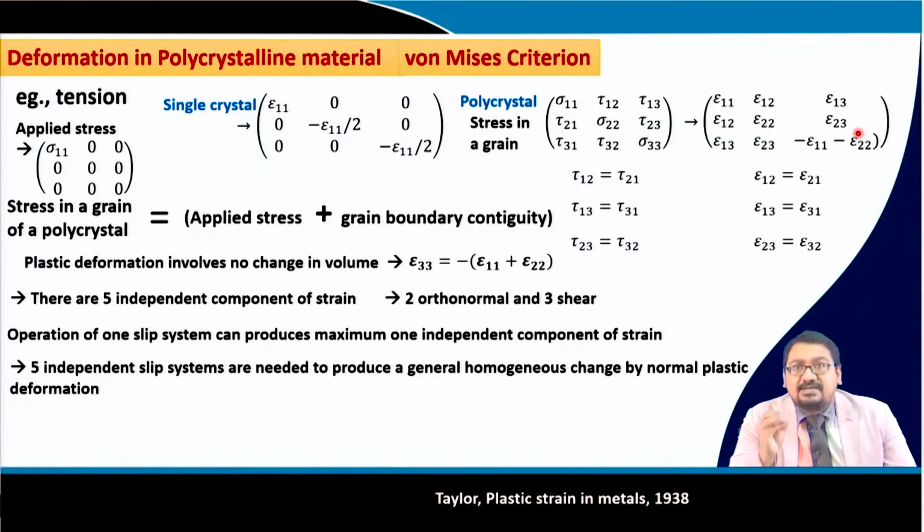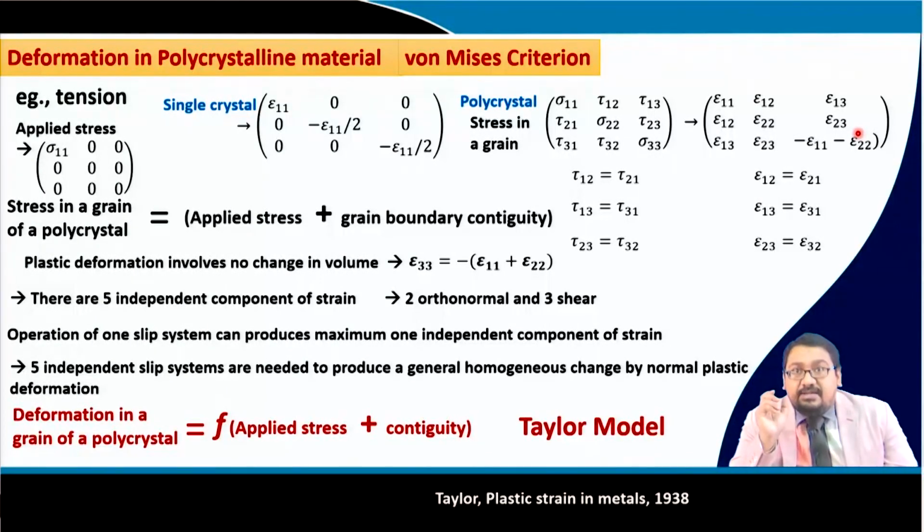So, at least a minimum of 5, one for each strain component, is needed. More than 5 are sometimes needed for a homogeneous plastic deformation of the polycrystalline aggregate. So, for polycrystalline material, a minimum of 5 independent slip systems are required to sustain a plastic deformation of that polycrystalline aggregate. Okay.